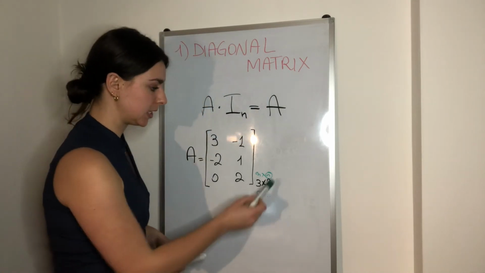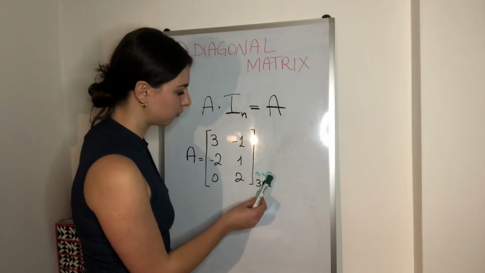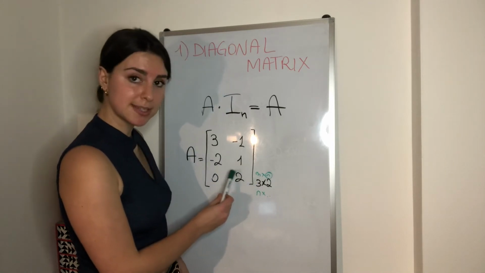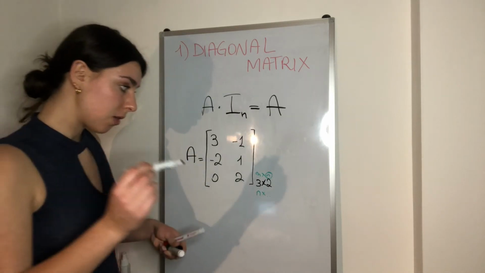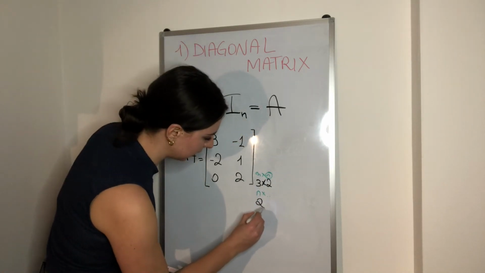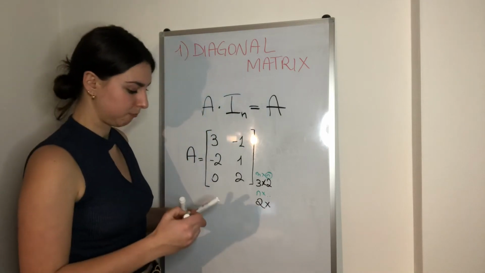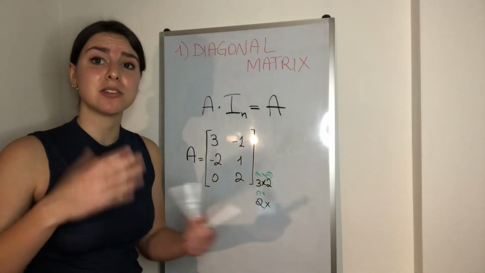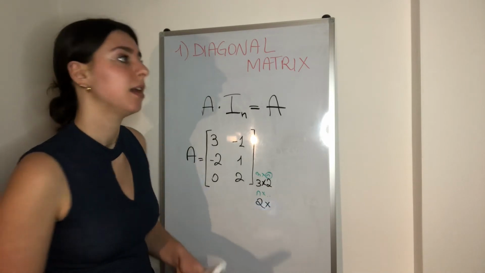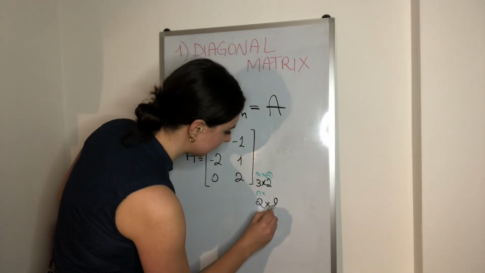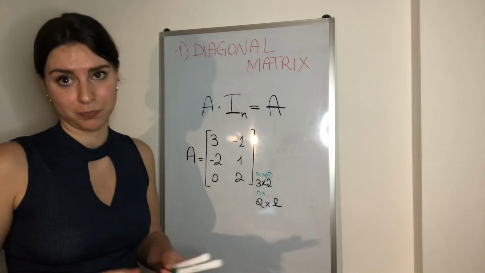Because it needs to have the same number of rows as the first matrix has columns. So basically we already know that this has to be a 2 by something, but this is also an identity matrix, so a square matrix, which means that this has to be a 2 by 2.